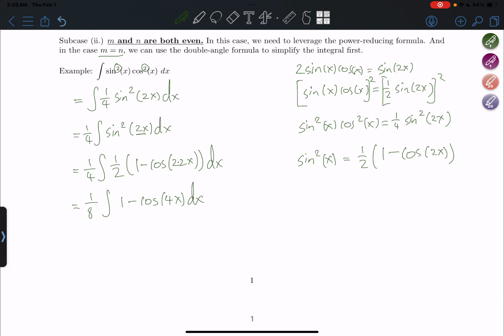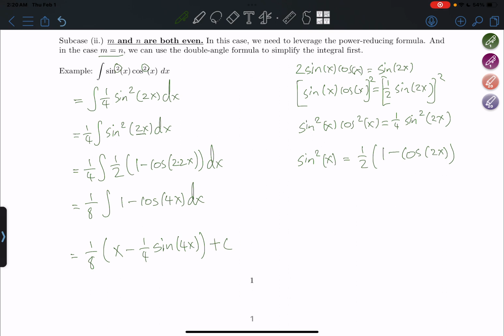Okay, and if you're comfortable doing the integrals basically as we practiced on the first day or sometimes during the integration by parts sections, then the answer here is pretty easy to write down. You just have 1/8 times x minus 1/4 sine of 4x, plus c.